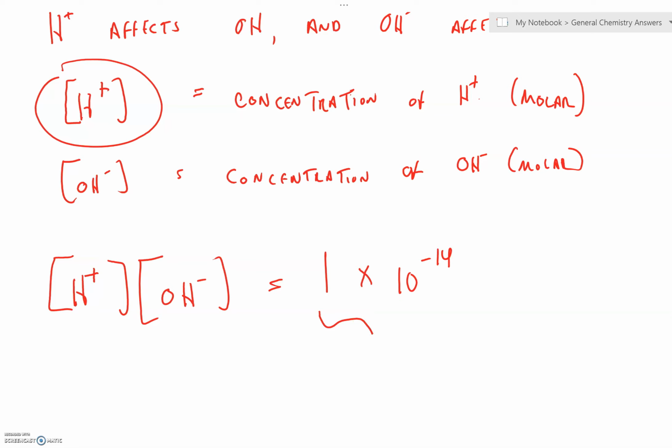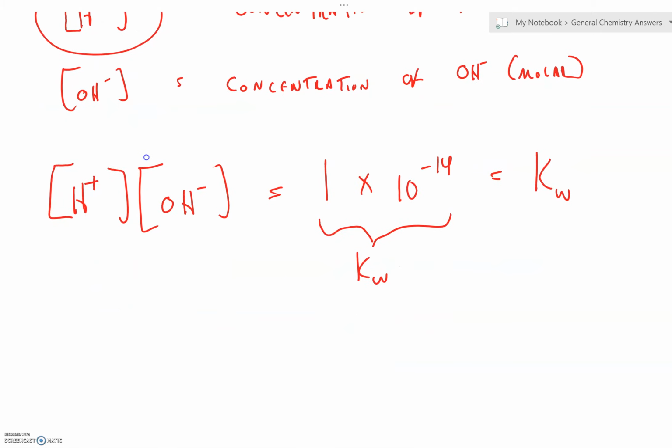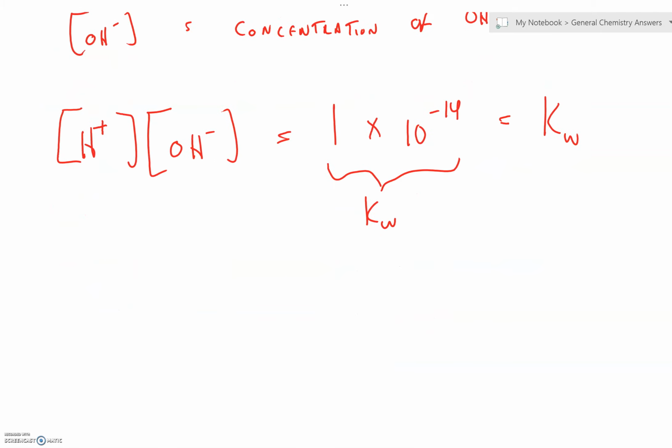Just to abbreviate it so we don't have to write it all the time, we're going to abbreviate it KW. So whenever we see KW, we know it equals 1 times 10 to the minus 14th. To keep this shorter: H plus times OH minus equals KW.